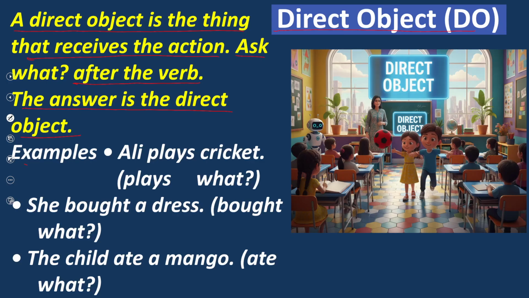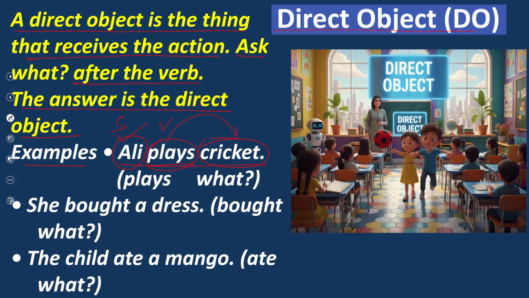Now, look at the examples. Ali plays cricket. Yes, Ali is the subject, plays is the verb, and the action of this verb is transferring to this word, that is cricket, that is a thing. So, cricket is receiving the action, and the action is done by this person, Ali. So, plays what? Cricket.